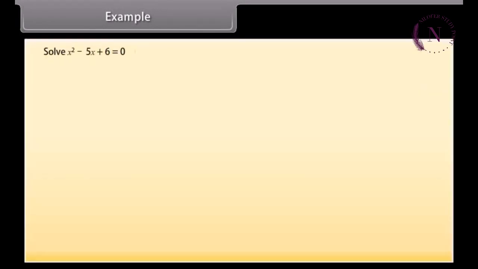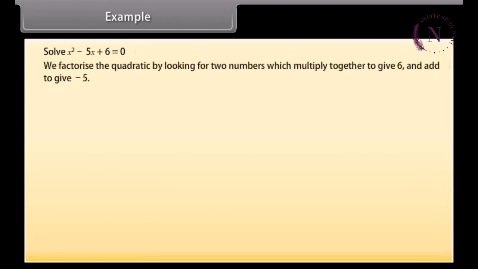Example. Suppose we wish to solve x squared minus 5x plus 6 is equal to 0. We factorize the quadratic by looking for two numbers which multiply together to give 6 and add to give minus 5. Now minus 3 into minus 2 is equal to 6 and minus 3 plus minus 2 is equal to minus 5.